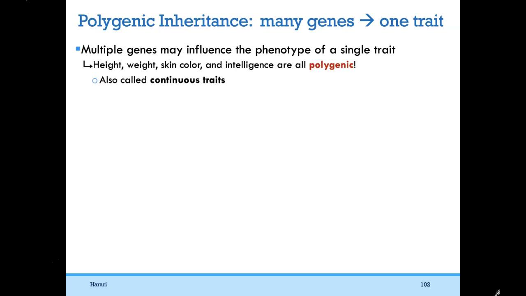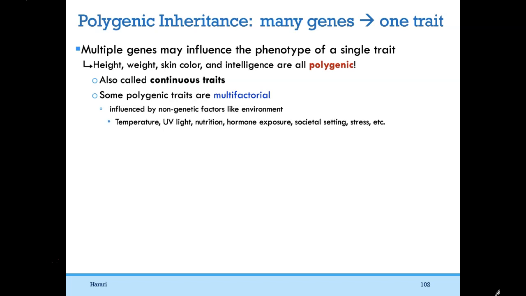They're also called continuous traits because it's not like a yes or no. It's not like, oh, they're either yellow or green, wrinkled or round. No, you can be a wide range of colors or weights or heights or IQs. So they continue over a long spectrum, right? And many polygenic traits are multifactorial, which means that it's not only genes that play a role. They're influenced by non-genetic factors like the environment.